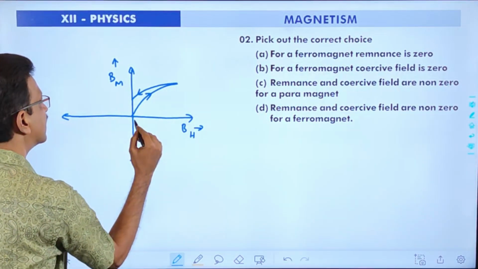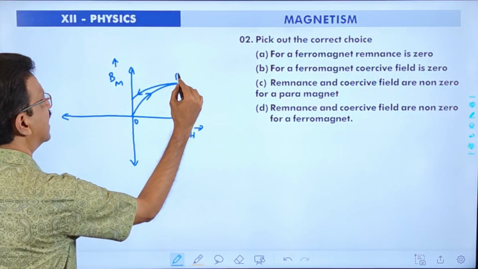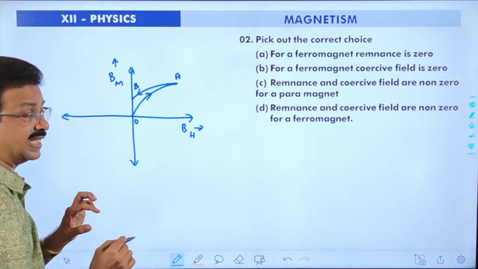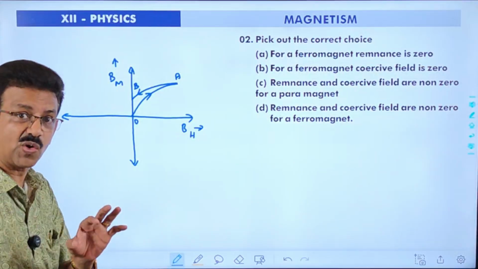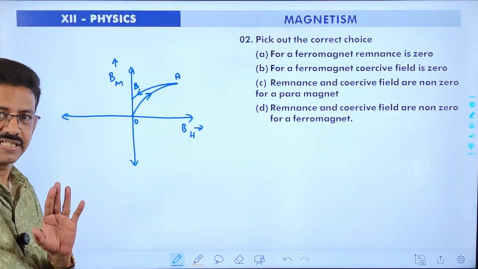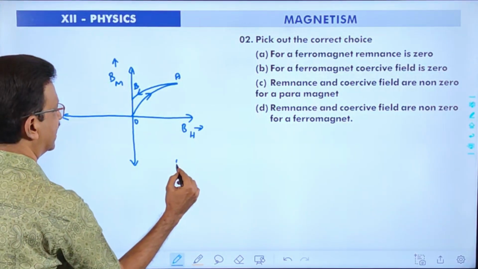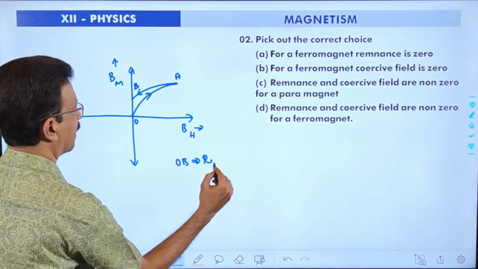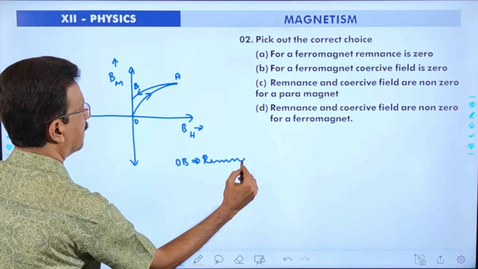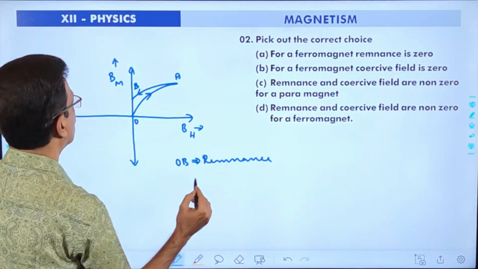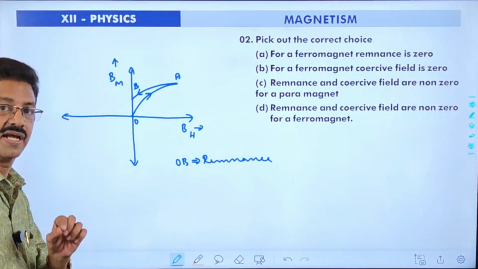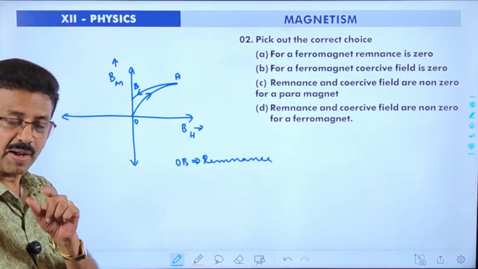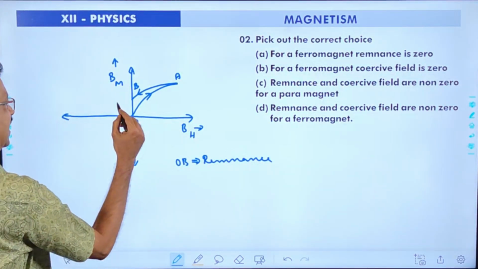It follows a different path, O, A, B. This remaining magnetization even after the withdrawal of the applied field is called remnants. Here OB is called remnants.